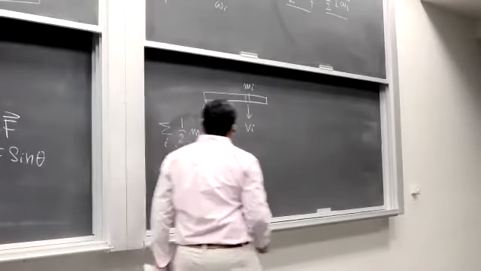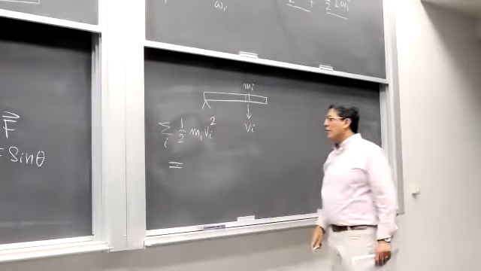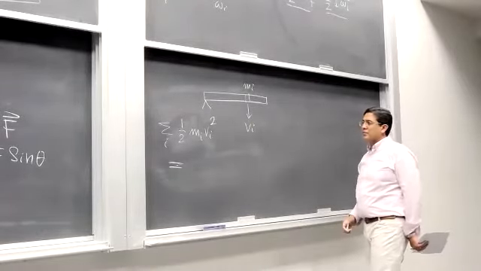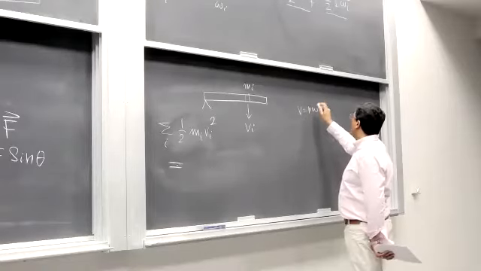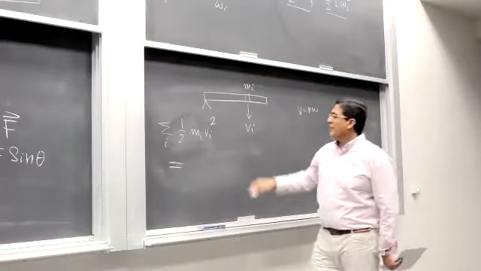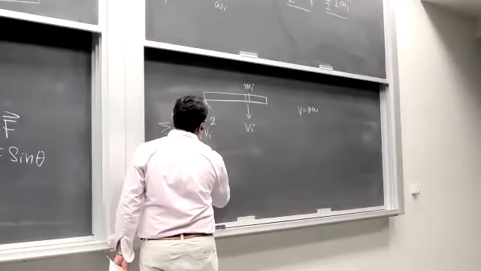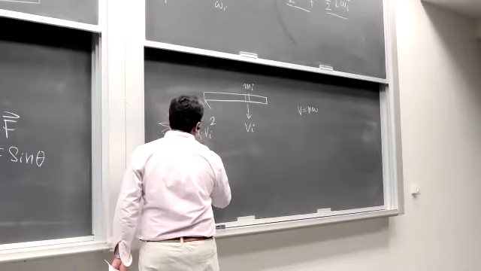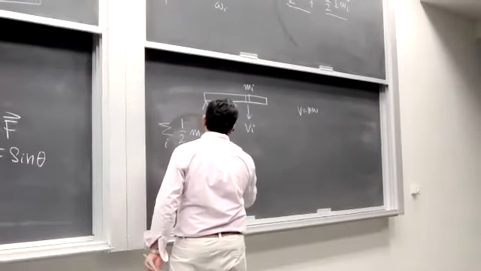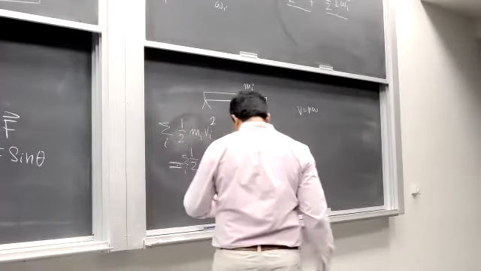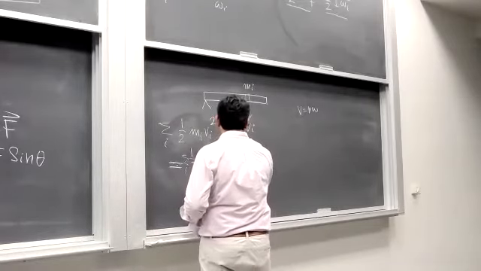And what is the relationship of v with omega? v is equal to R omega. So if you plug this in here, half m_i r_i squared omega squared.